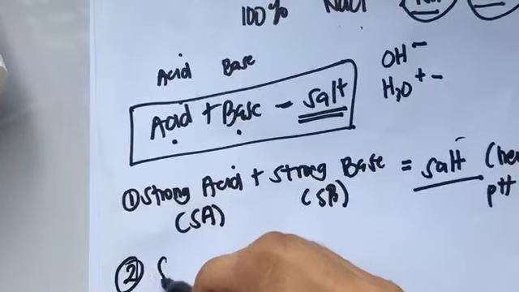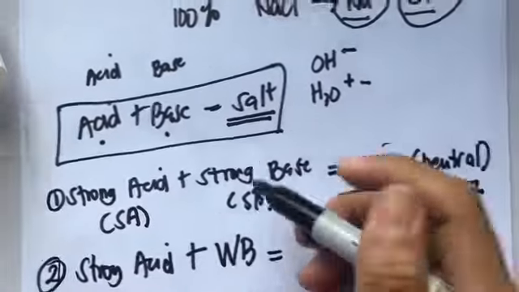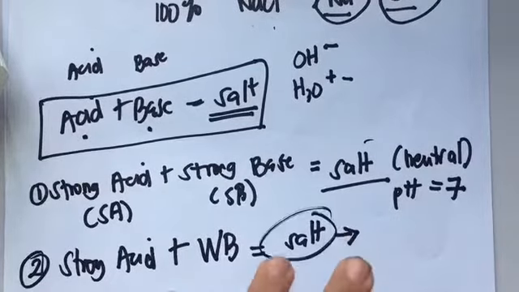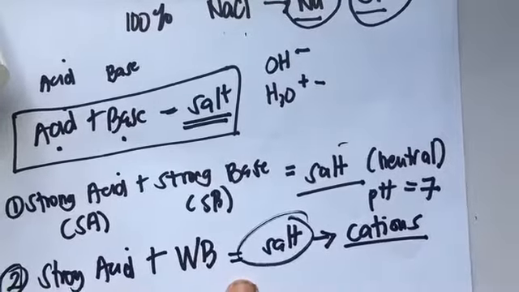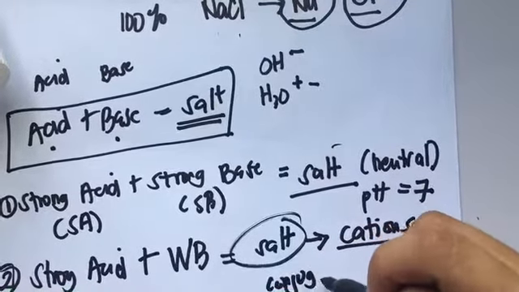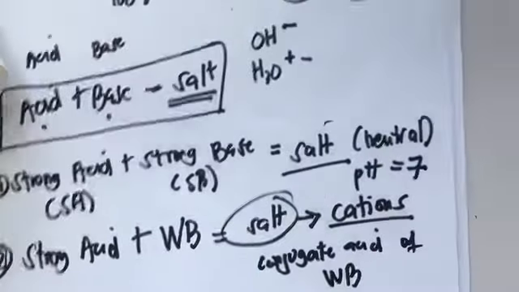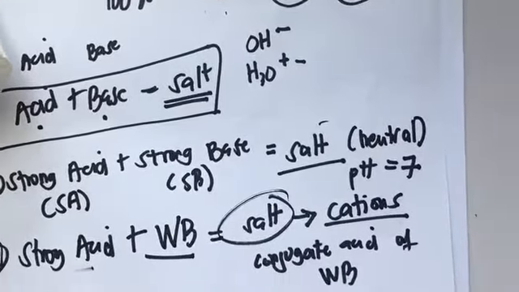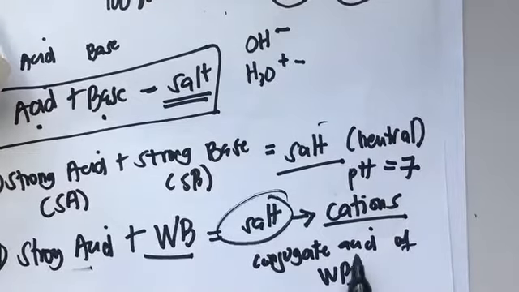Next, the second one. The salt of a strong acid plus a weak base will form a salt wherein the salt releases cations coming from the conjugate acid of the weak base.